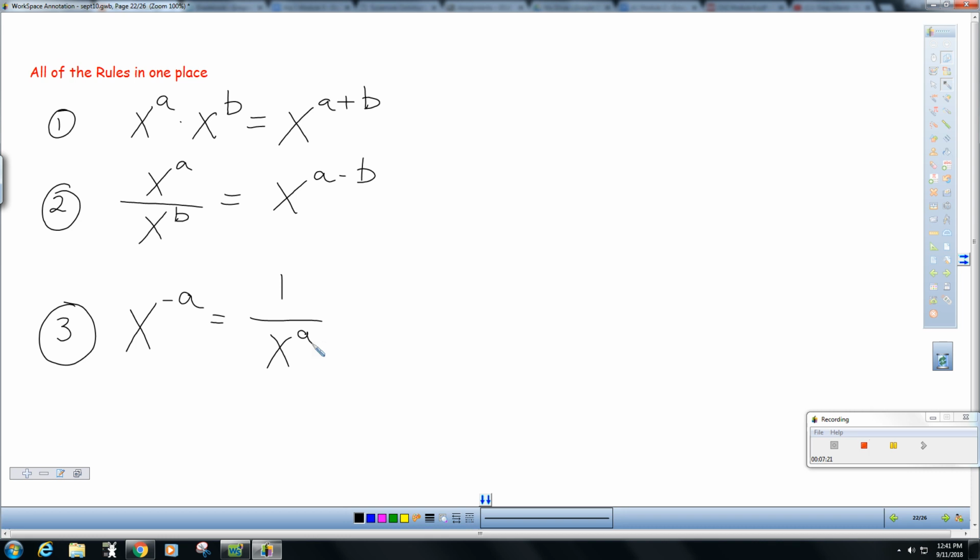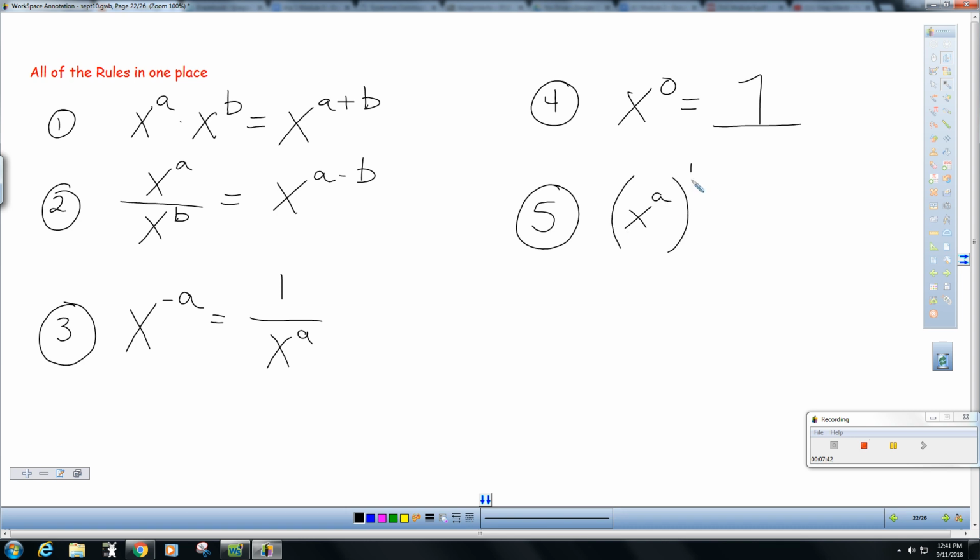Rule 4: x to the 0 is equal to 1. And finally, x to the a all to the b power is equal to x to the a times b. I hope that helps.